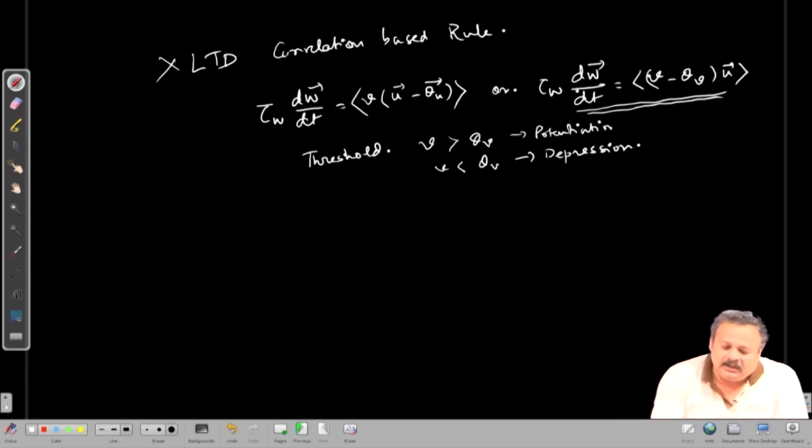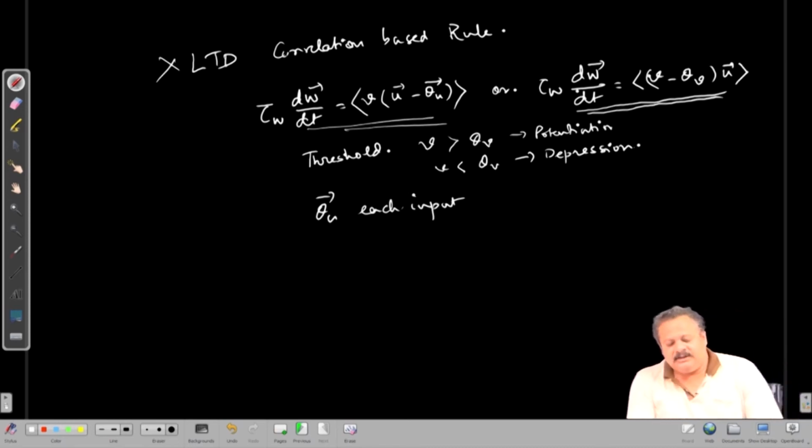And similarly, in the other case, which is the first case, again we are setting a threshold theta U for each and every input, those are the elements of the vector theta U, and so we would get potentiation or depression based on the input activity at each of the synapses.